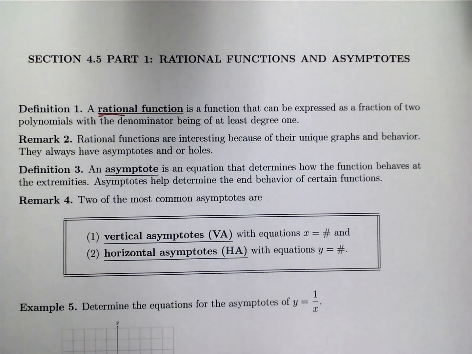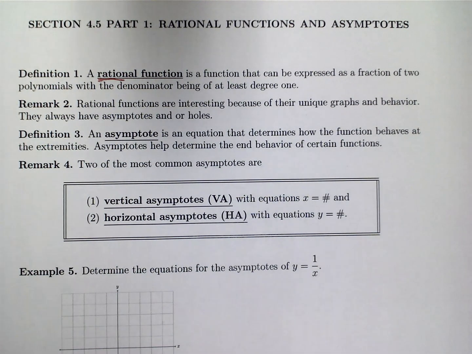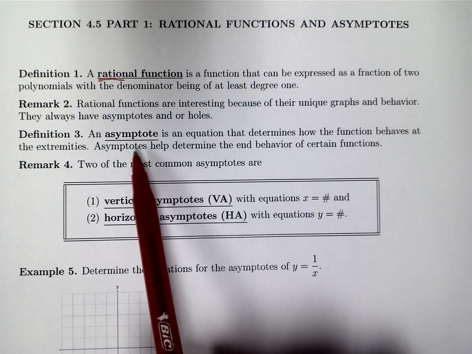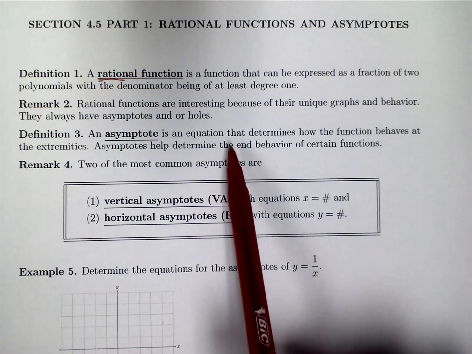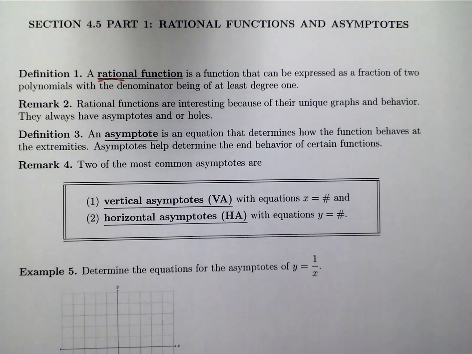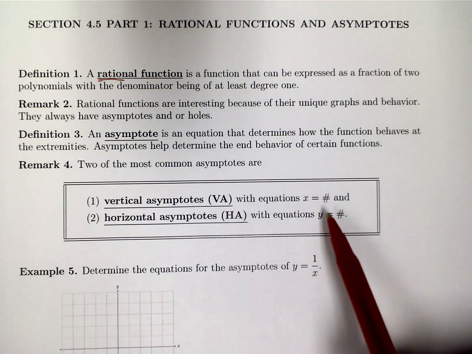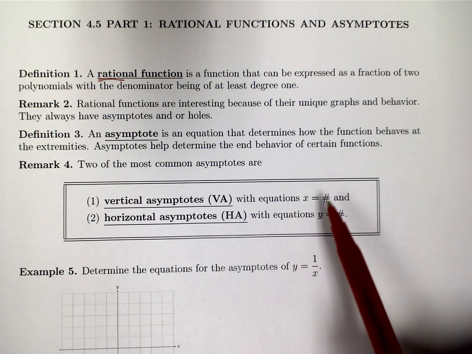There's many more, but the most common ones that pop up are vertical asymptotes and horizontal asymptotes. And again, to be clear, asymptotes are a particular equation. Okay, they help us determine end behavior, even though they themselves are not actually the end behavior. Okay, they are equations of lines where the graph tends towards.